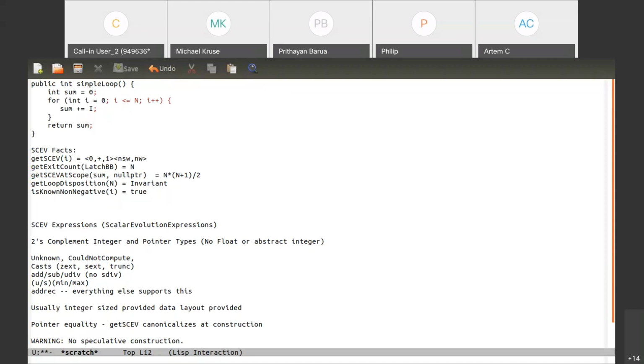The next piece of infrastructure SCEV has is for computing the value of values and SCEVs defined inside of a loop at an outer scope. So for a value that is defined in a loop, you can ask SCEV what is the value of that expression after the loop exits?